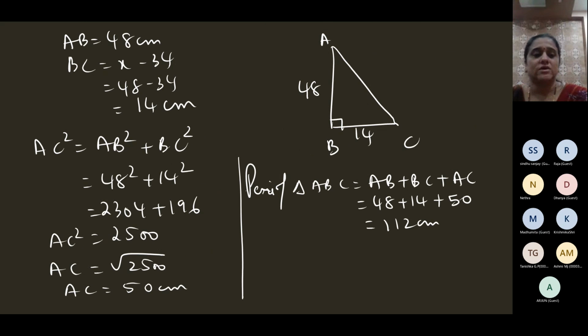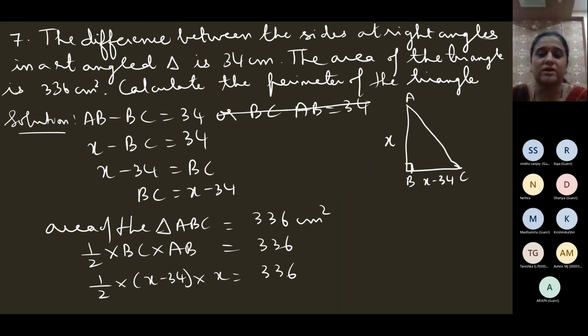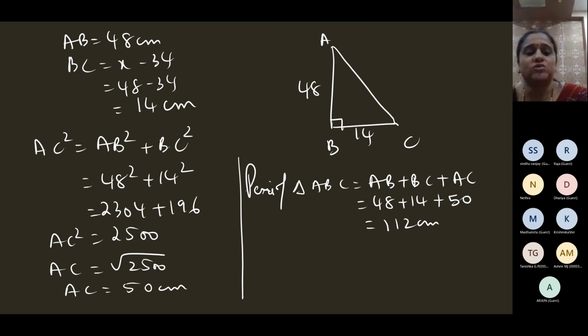Then once you find x, you're able to find AB and BC because AB is x and BC is x minus 34. The question is to find the perimeter of the triangle, so we have to find the hypotenuse using Pythagoras theorem, and then find the perimeter.